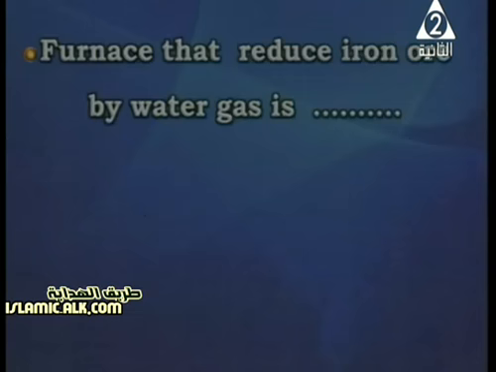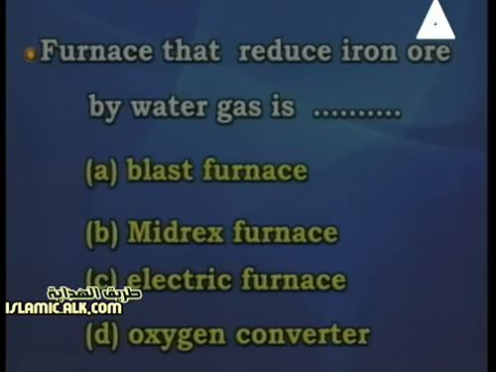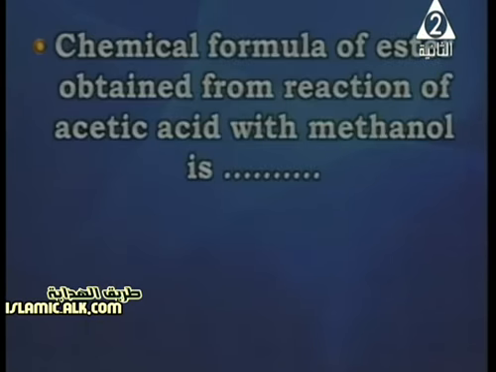Next point, the furnace that reduces iron ore by water gas is what? Is it a blast furnace, matrix furnace, electric furnace, or oxygen converter? Yes, the answer will be the matrix furnace. Next point, the chemical formula of the ester obtained from the reaction of acetic acid with methanol is what?